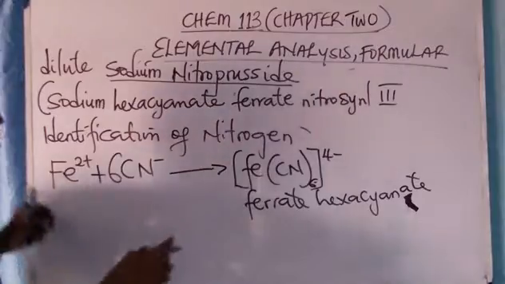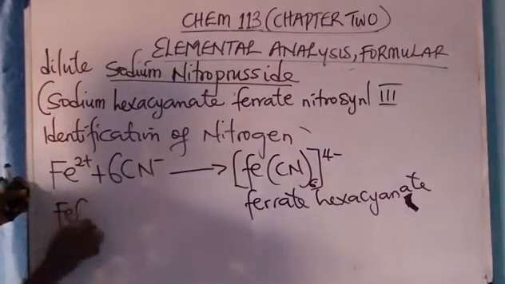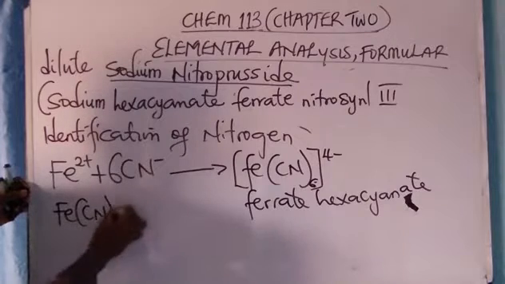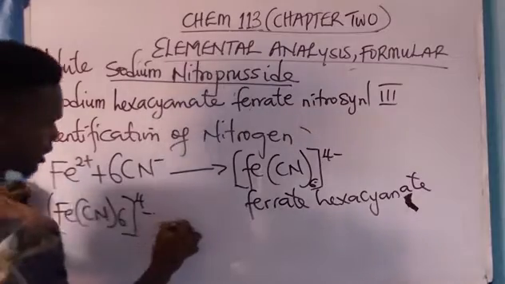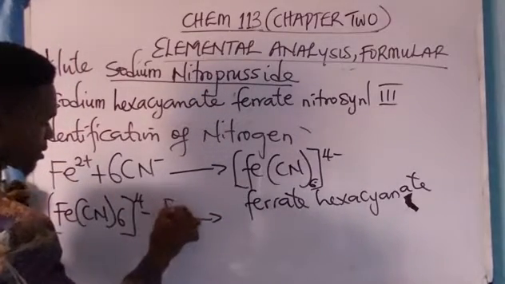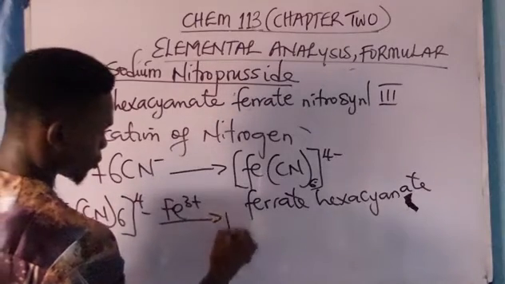Hexacyanate. Now this hexacyanate produced, I have FeCN in the presence of sulfuric acid. There is what? Prussian blue.